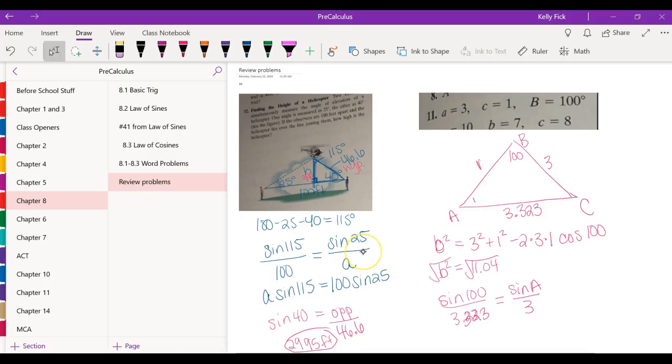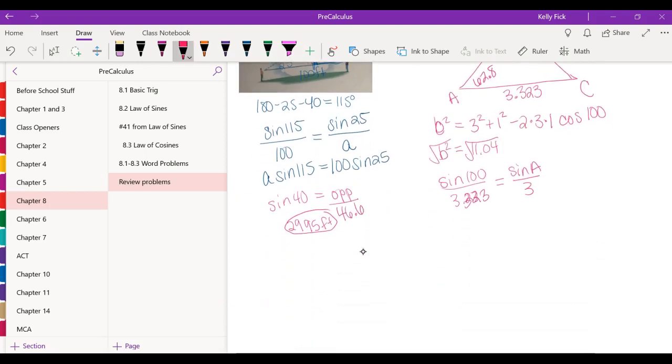So this angle would be 62.8. Okay, so what I did is I cross multiplied, got 3 sine of 100 equals 3.323 sine of A. Immediately I divided because I knew that if I hit enter on this other side, I want to get the right numbers. So I get sine of A equaled that 0.8 something, and then I did sine inverse on each side to find what angle A was.